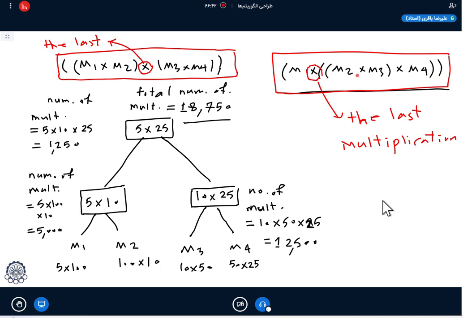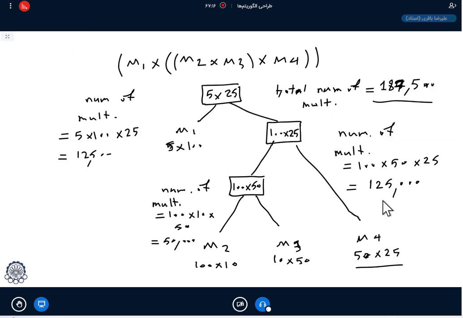On the right side, if we start by multiplying M2 and M3, then multiply the result by M4, then multiply M1 by the last result, we get the right side parentheses. The question is, which one is better? From these two, the left side is better. But for all possible parentheses, what is the best? We are going to find the best.